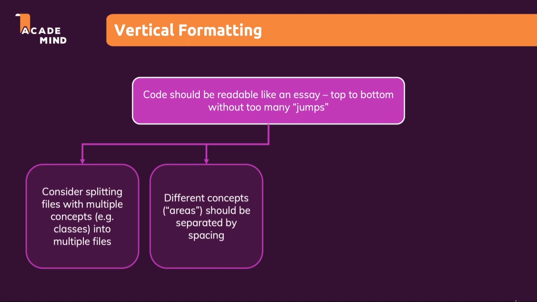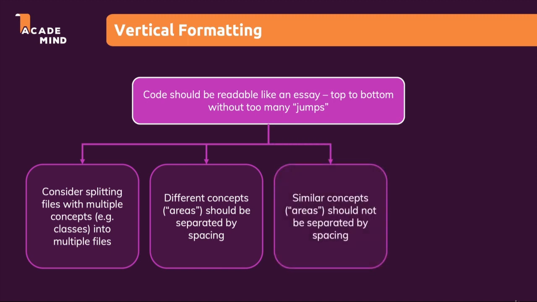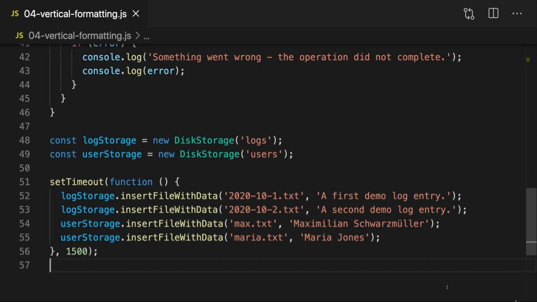Similar concepts, on the other hand, should not be separated by spacing. And that's what you, for example, saw in these lines here, where I basically have the same kind of operation. I instantiate my disk storage, or then I insert files, and hence there is no real reason for a separation. It's the same kind of task, the same kind of thing which is being done there, hence I keep that close to each other.